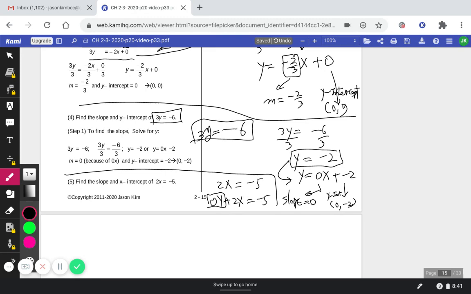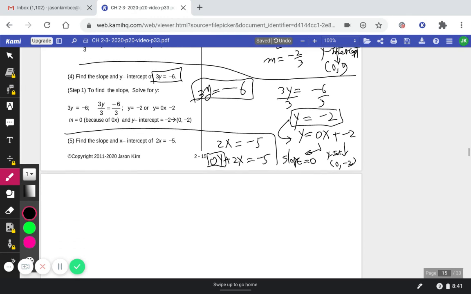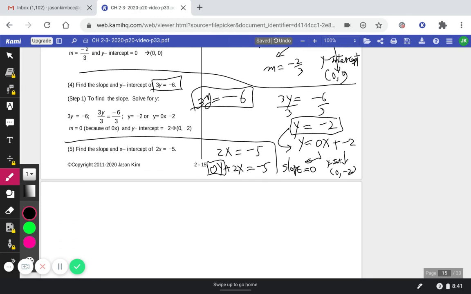When there is 0y, that becomes undefined. Because it has to be y equals something, but there is no y. So no y means no slope.